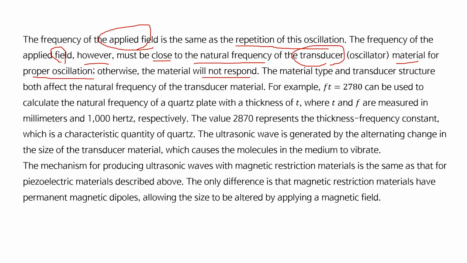The material type and the transducer structure both affect the natural frequency of the transducer material. For example, we have this relationship, Ft equals 2870, which can be used to calculate the natural frequency of the quartz plate, where t and f are measured in millimeters and 1000 Hertz respectively.